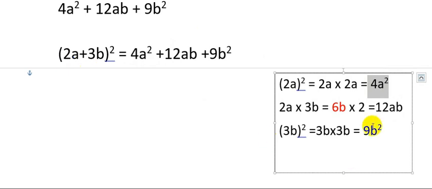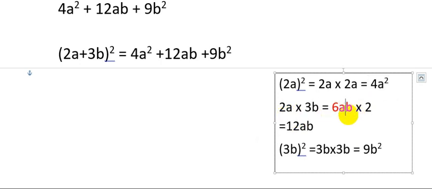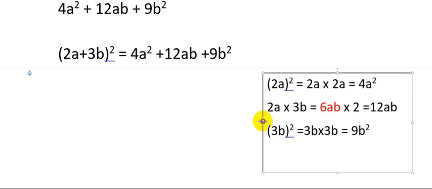That means 6ab. Again, 6ab we multiply by 2, which is equal to 12ab. Then for the last term, we take the square of the last term, which means 3b multiplied by 3b, 9b square.